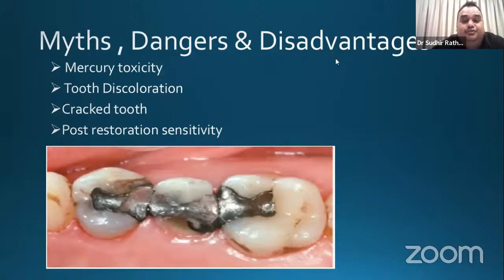To mitigate that issue, the dentist would place a form of liner or a base underneath that amalgam restoration, which you could perceive as a degree of cushioning to ease off that sensitivity. Now, Dr. Moodley, what I'd like our viewers to also be informed about is where the world is going regarding amalgam restorations. What is the World Health Organization's opinion regarding amalgam restorations?